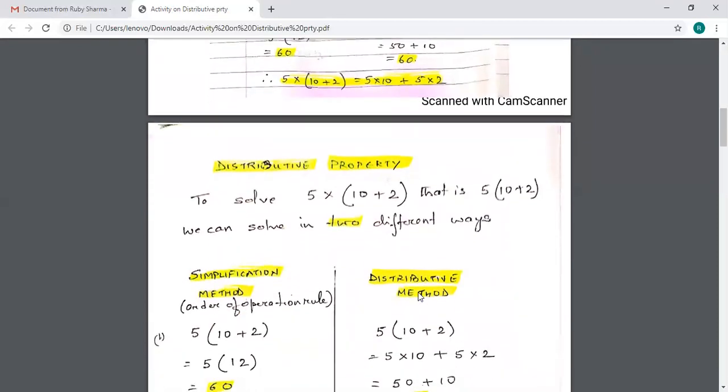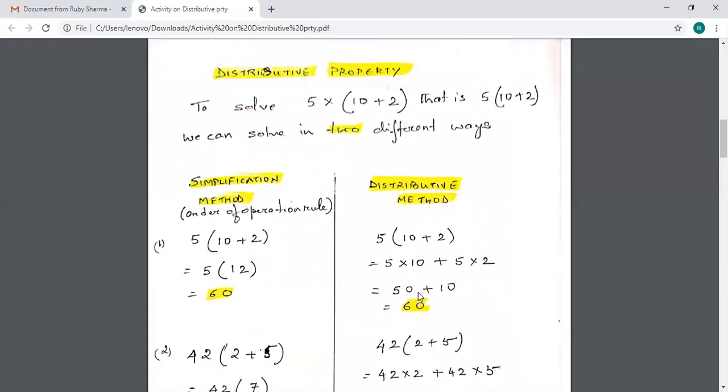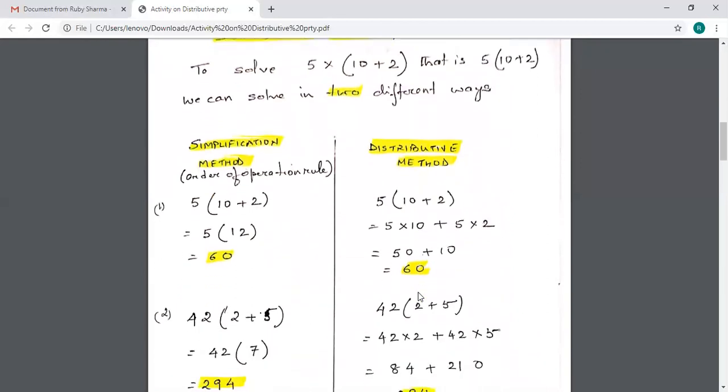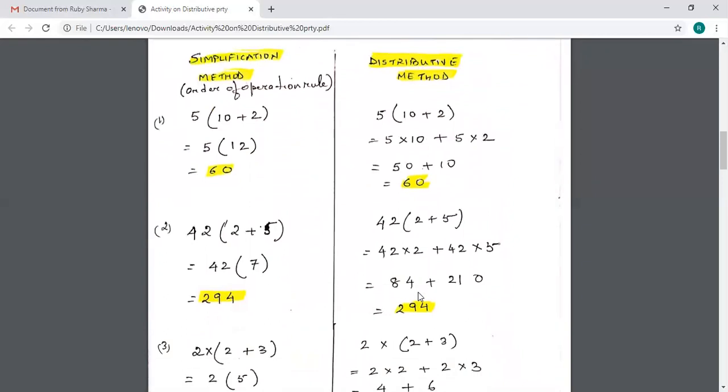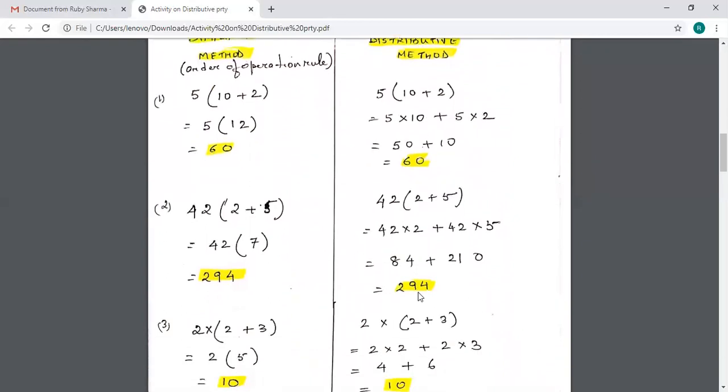There are more sums to show. The first one I had already shown you. One is the simplification method, one is the distributive method. So here I have done both the methods and I arrived at the same answer. So what do we conclude?